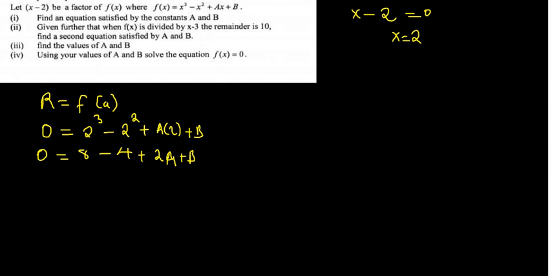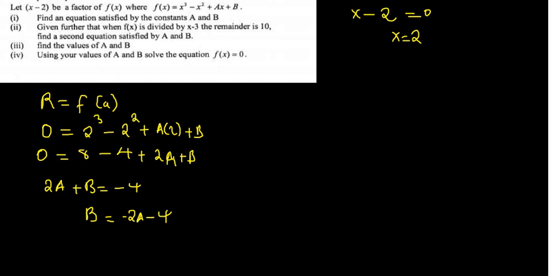I'm going to take it to the other side, so I'm going to remain with 2a plus b being equal to negative 4. This is the equation, so we have answered part 1. Now I can make b the subject of the formula. So b therefore is equal to, I'll take 2a the other side, negative 2a minus 4. Even if you write in this form, it is still the same.